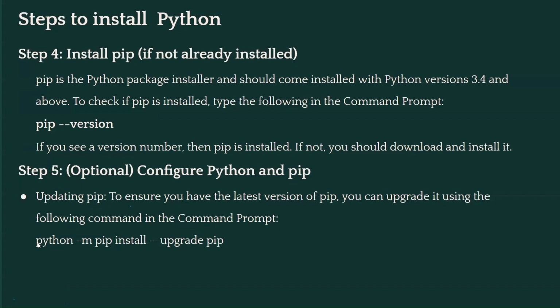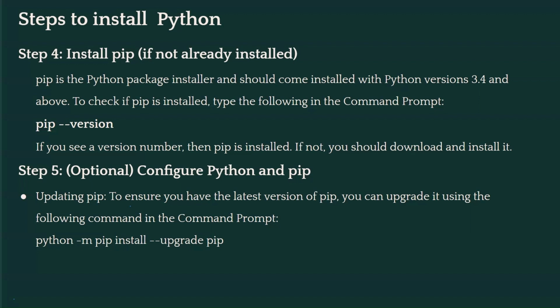And if you want to upgrade it, you can upgrade using this command line. So basically you have to write these command lines to check the version of Python downloaded as well as the pip version. These are the simpler steps to download Python. You can download Python very easily. The installation of Python is the easiest one. You have to do nothing, just download it.